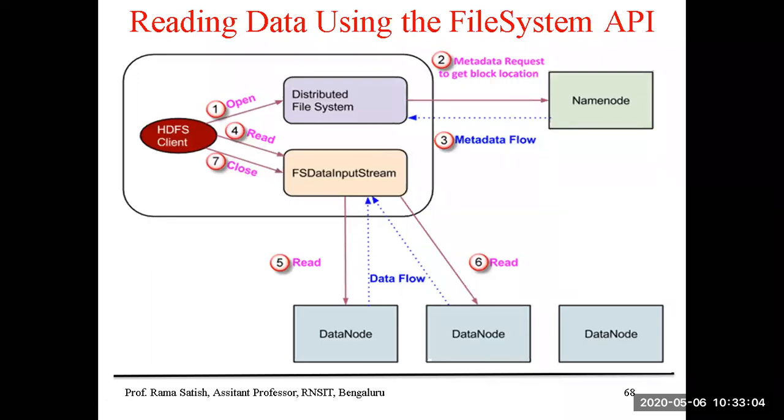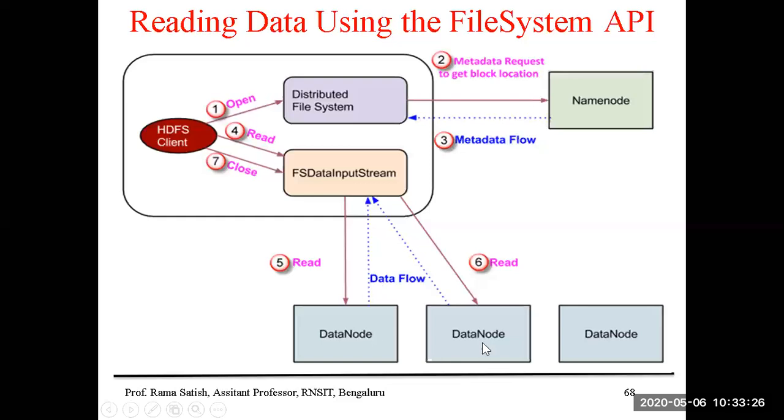Later the same information is passed on to the file input data stream Java file. So the Java file will contact the respective nodes based on this metadata and get the data.